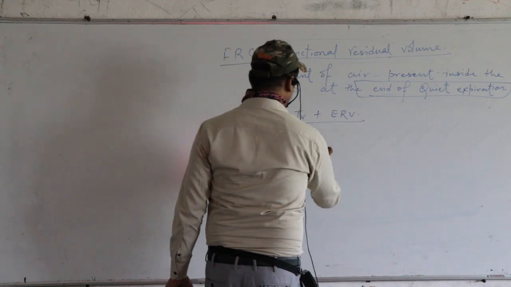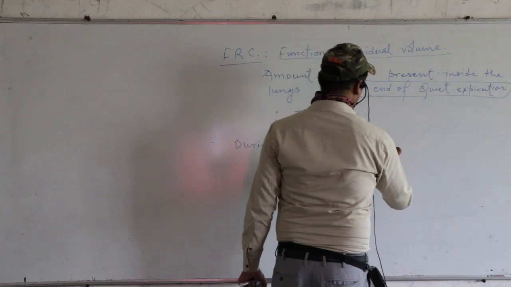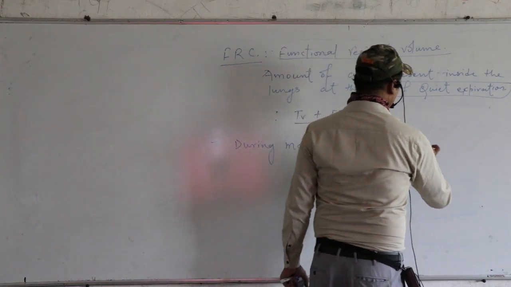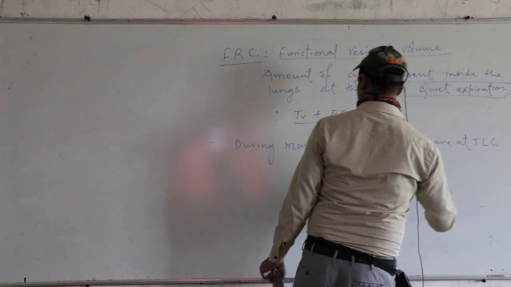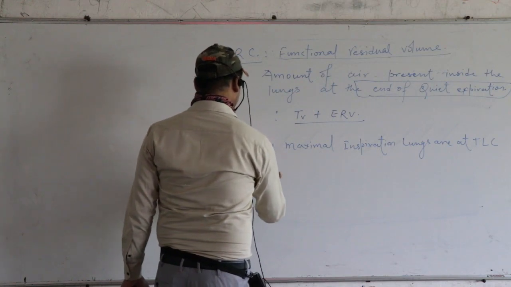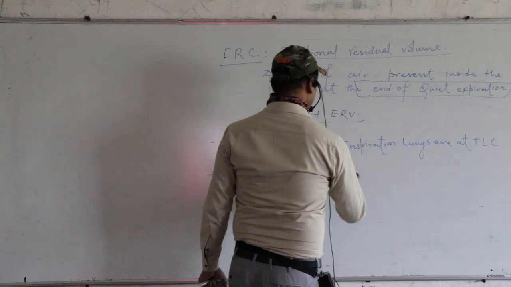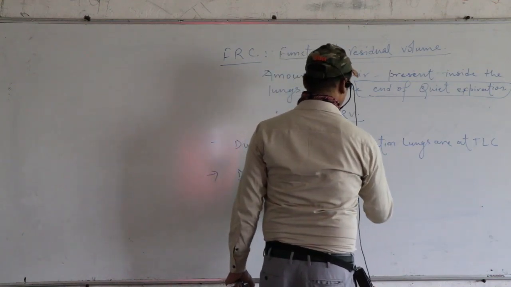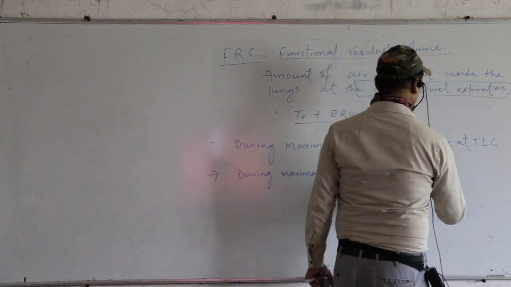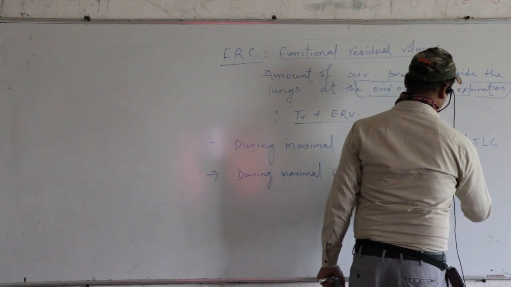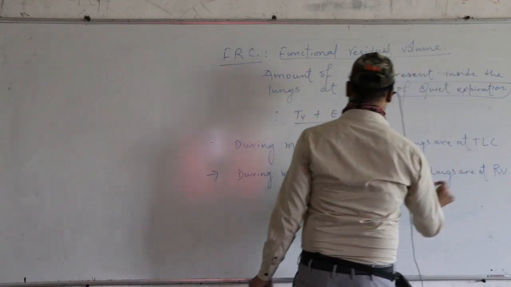Now, two important points regarding these capacities. During maximal inspiration, lungs are at TLC. During maximal expiration, that is forceful, lungs are at RV.